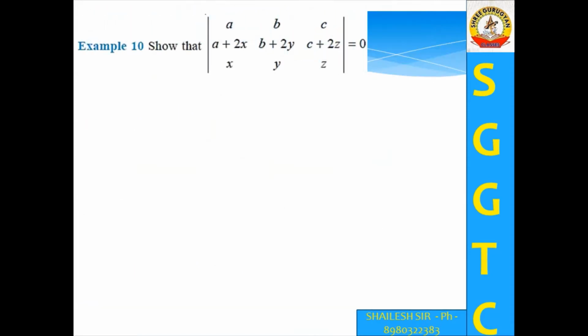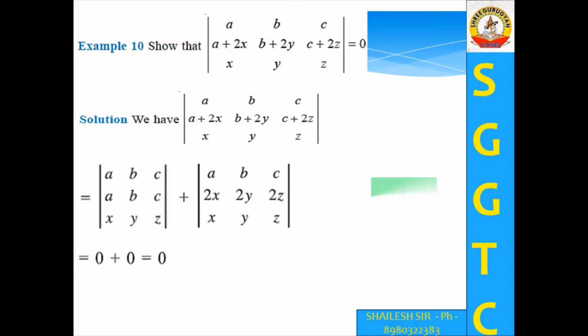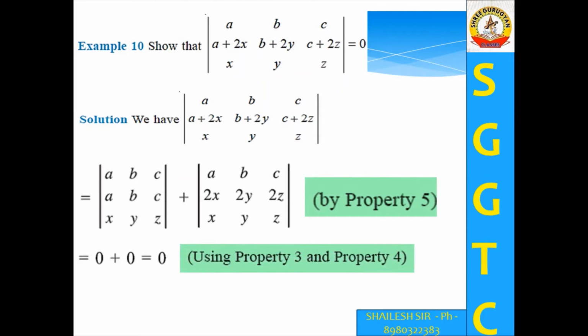Now, example 10. Before starting this example, you just check where the addition form is given. So here the addition form is given in the second row. So I can easily separate the two determinants by the second row. Students, this property is explained row wise and also column wise.